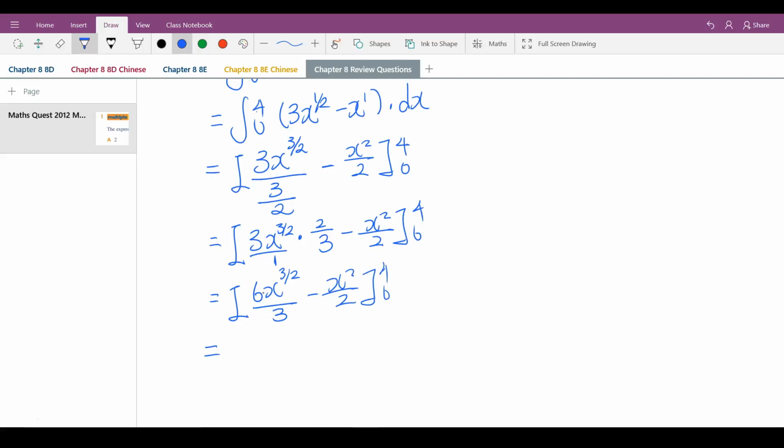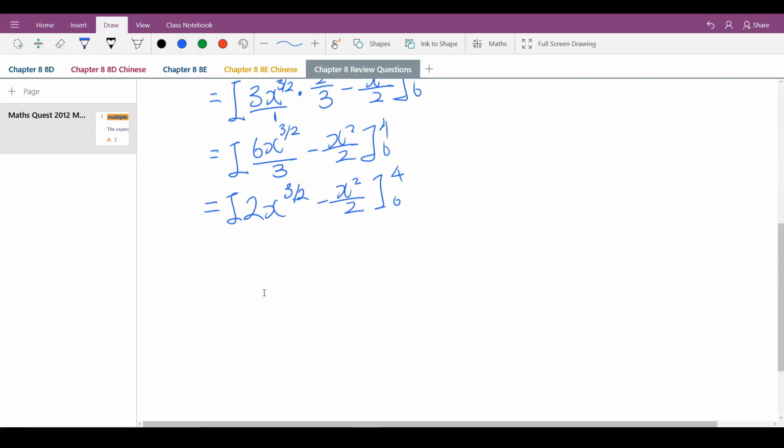I can further simplify that down to just 2x to the power of 3 over 2, minus x squared over 2. So, for 4, radio, and we can sub the numbers in.